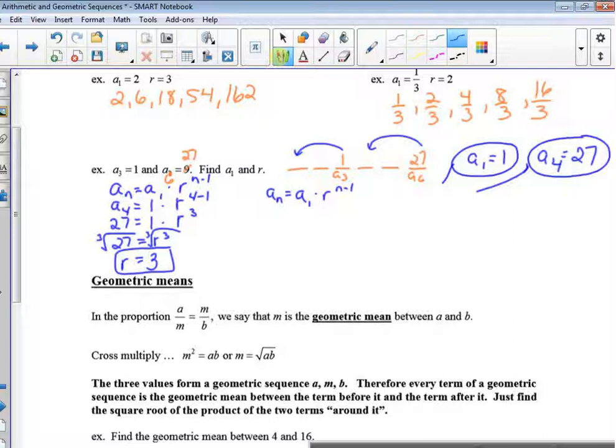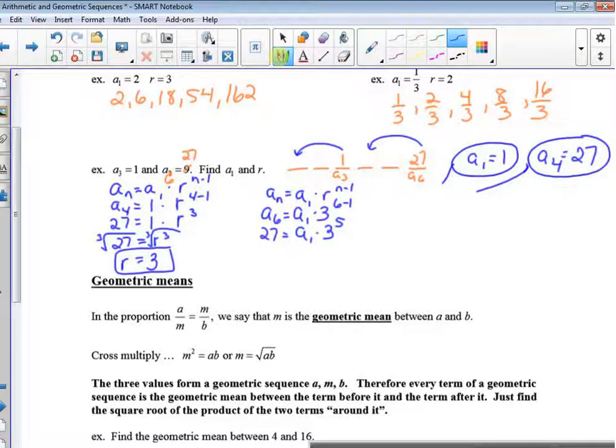I'll use A sub 6 is equal to 27. It doesn't matter. So A sub 6 equals, I'm looking for A sub 1, but I now know r is 3, and it's to the 6 minus 1. And I know A sub 6 was 27, so it's 27 equals A sub 1 times 3 to the 5th.